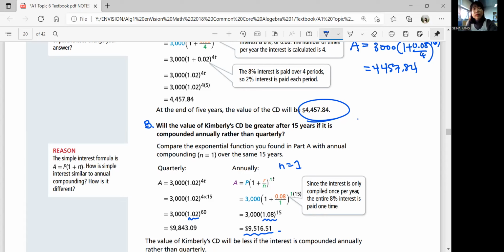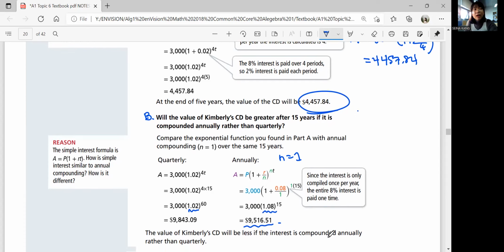So even if your principal amount is the same and your rate looks like it's smaller, you're still going to get more money paid quarterly than annually, because your actual rate is still the same, 0.08, right? But it looks smaller because you divided it by N. So the value of Kimberly's CD will be less if the interest is compounded annually rather than quarterly.